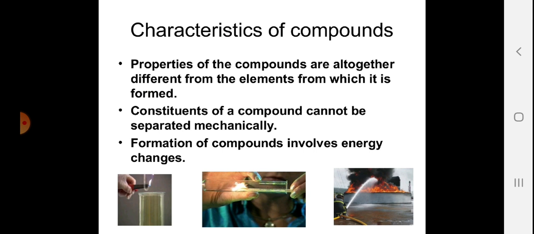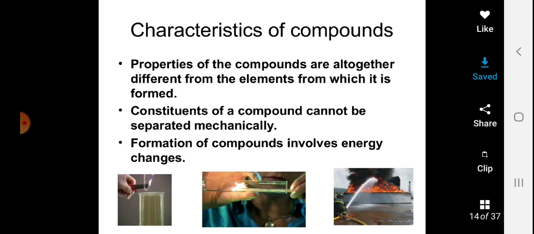Now, the properties of compounds are altogether different from the elements from which they are formed. I gave you the example of sodium chloride: sodium and chlorine individually are poisonous, but when they come together and form salt, we eat salt on a daily basis for the preparation of food. So individually they might have different properties, but when they form compounds, they come up with different properties.